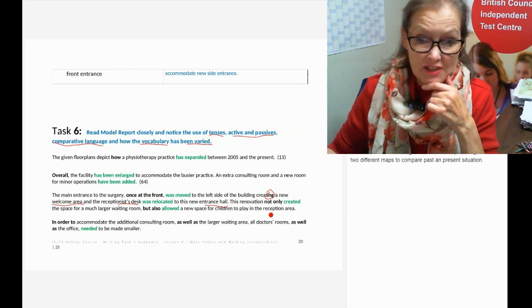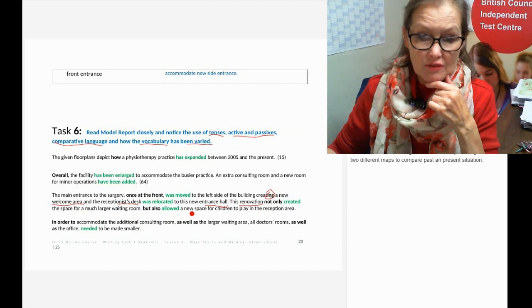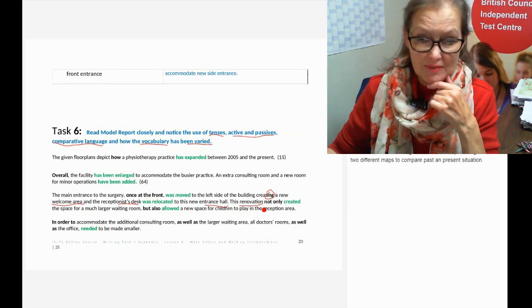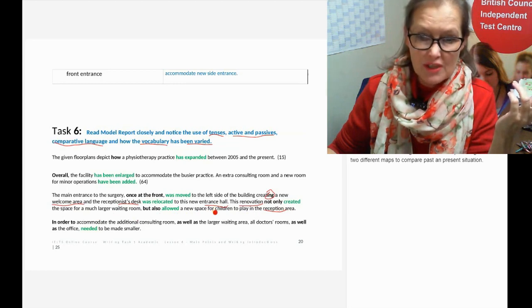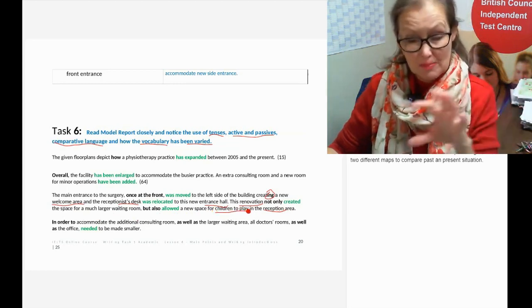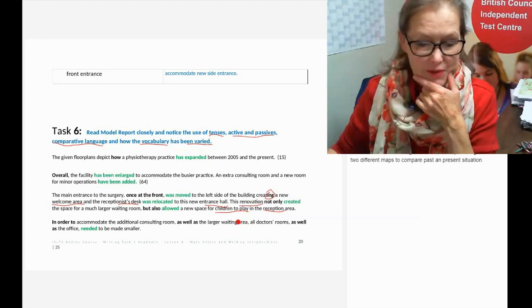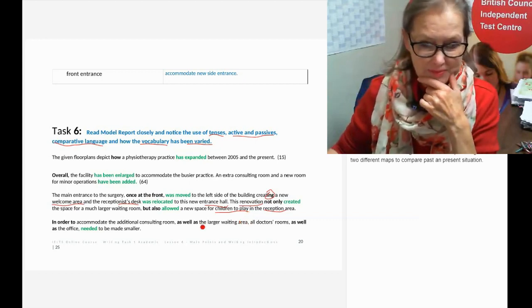This renovation, this is a beautiful word, this renovation not only created the space for a much larger waiting room, but also allowed a new space for children to play in the reception area. So now I mention the word reception. And have a look at, they talk about children's play space. I've used a space for children to play. So I've changed my words around.